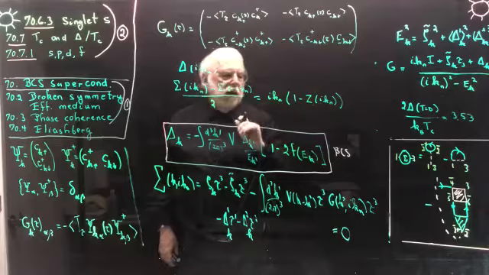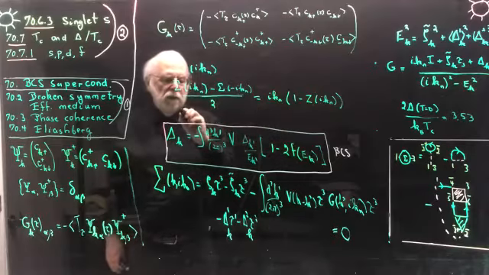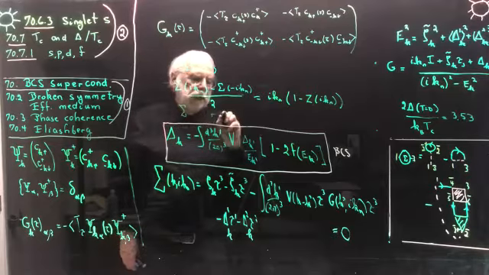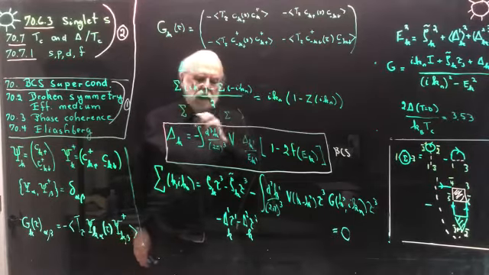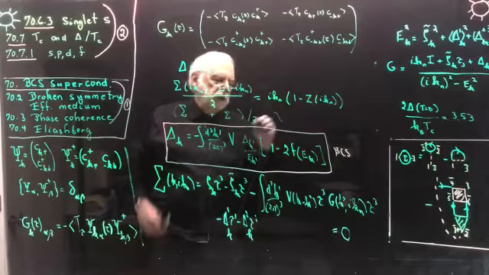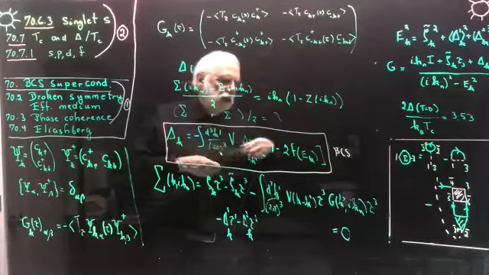And then if I look at the even part, this plus this divided by 2, by definition, you call it chi of ik_n.